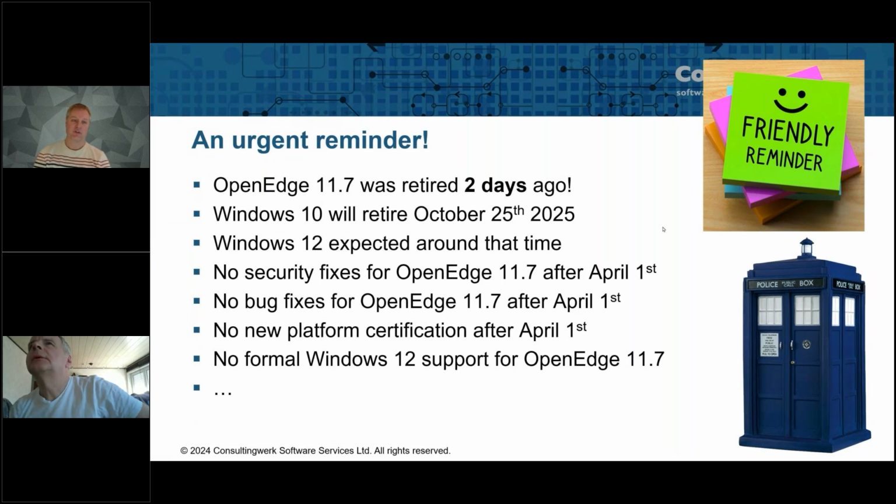Going to move from Classic App Server to PASOE, but 12 is the way to go. It's really where you need to be. 12.8 especially. OpenEdge 12.2 has got another couple of years left, but the LTS to move to is really OpenEdge 12.8.